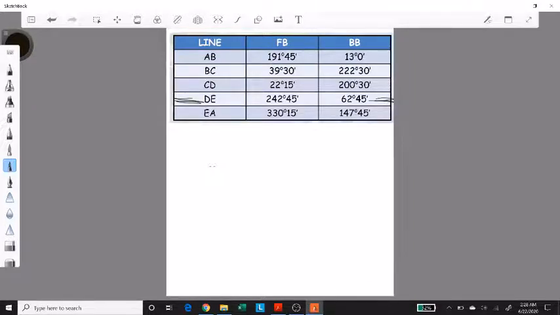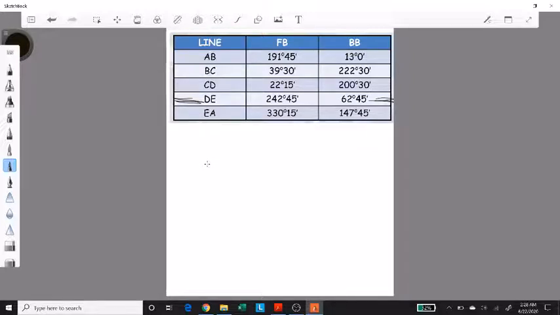And what does that actually mean? That means that the point D and the point E are free from local attraction, because those are the 2 points on which we placed our compass to note down the bearings. So in turn, what that means is that whatever reading we took standing at point D or standing at point E are free from local attraction.